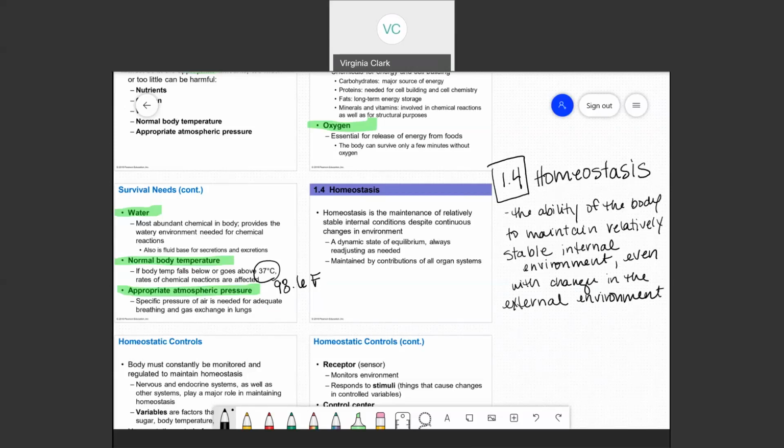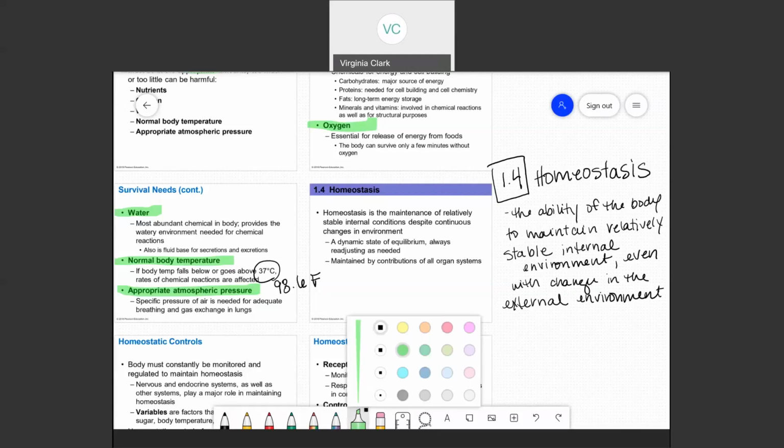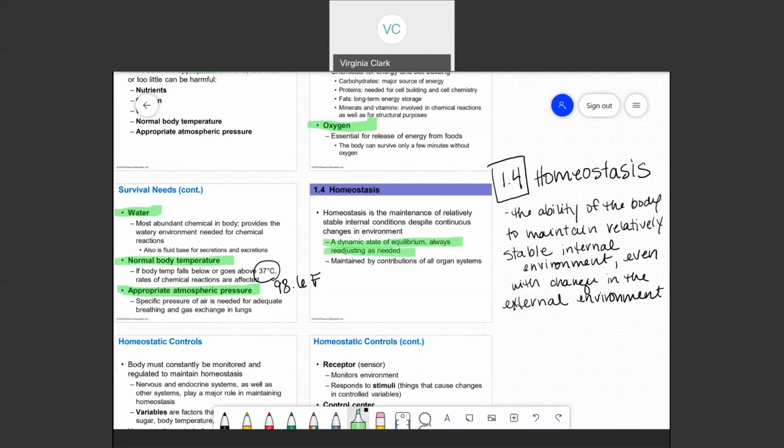You have the ability to find your stable state and keep it. This is a very, very, very dynamic state. And dynamic means it is always adjusting. It is always changing. It is dynamic. It is not stagnant. Homeostasis, the term actually means wisdom of the body.